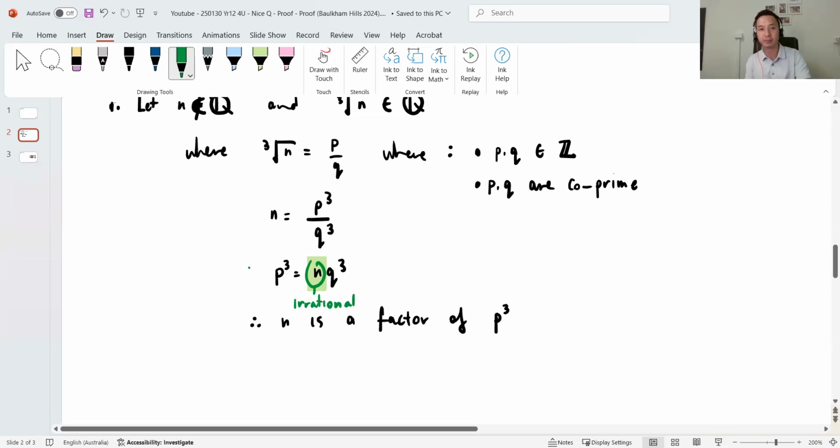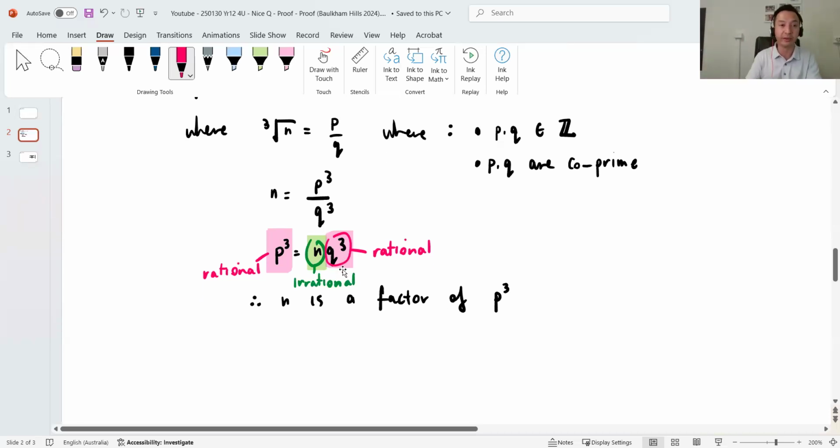I know that q is rational, it's an integer, so q cubed is rational. And also p cubed is rational. And that's the contradiction, because you can't have an irrational multiplied by a rational to give you a rational. It doesn't make sense.